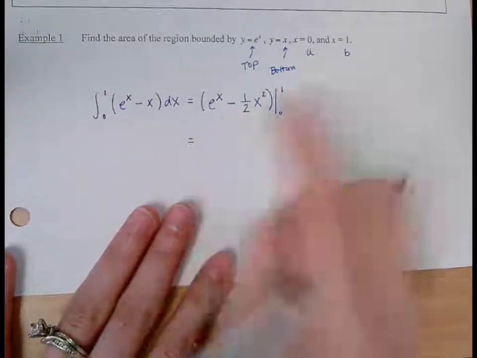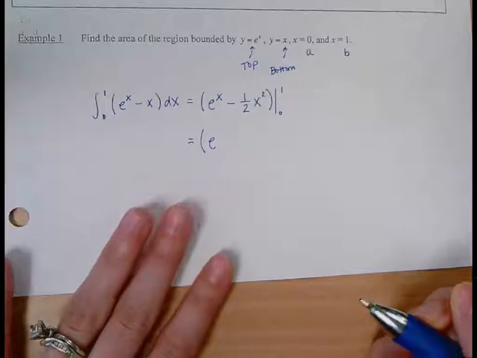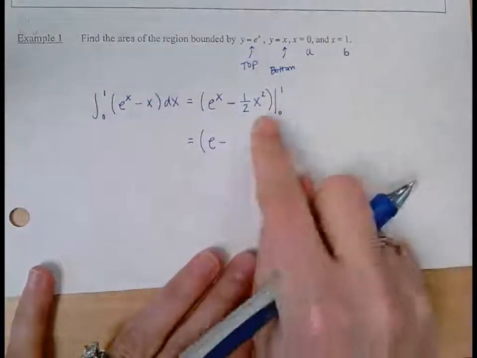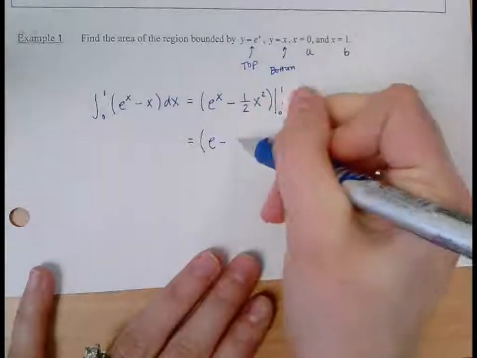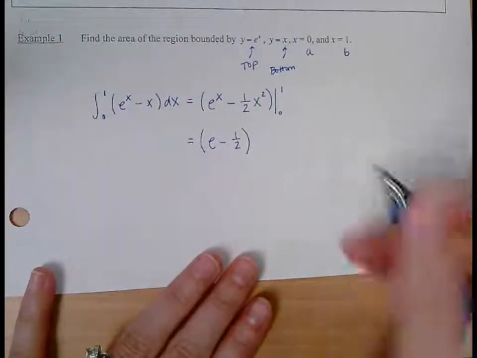So substitute 1 in first, and that would give us e to the first power. Keep it in exact form when you're working through these by hand. So e to the first, which is e, minus 1/2 times 1 squared, which is just 1/2. So e minus 1/2 is what we get if we substitute in 1.